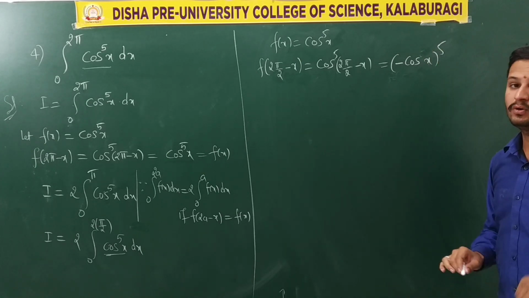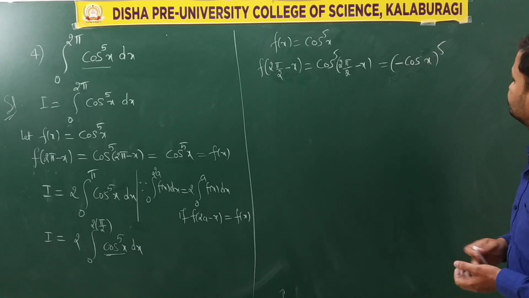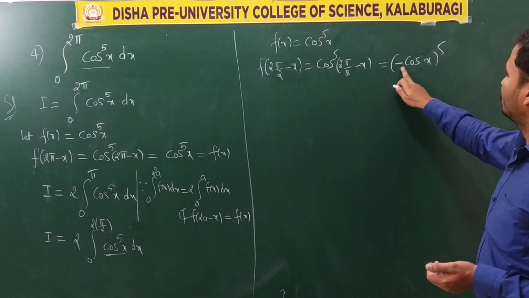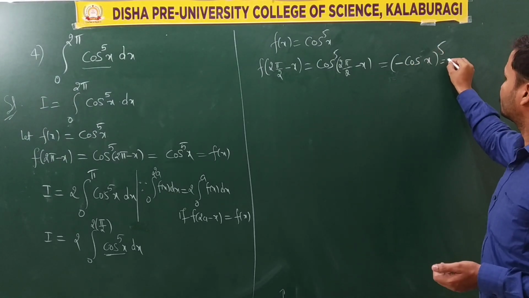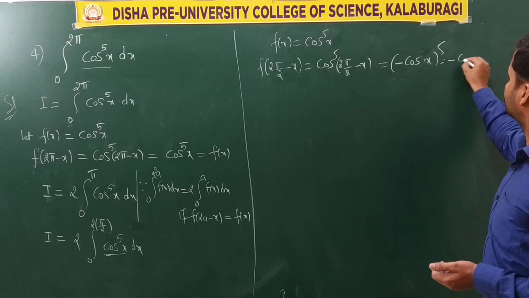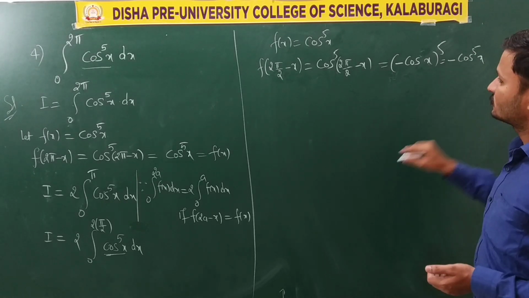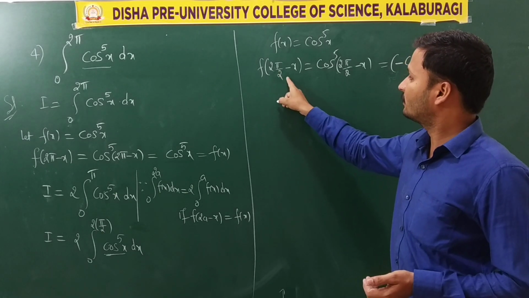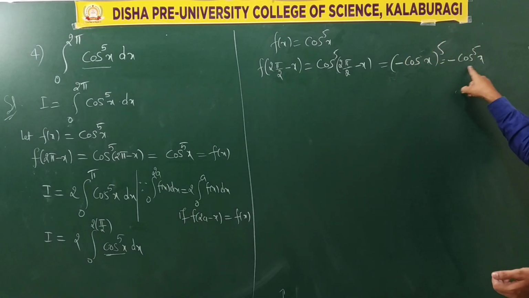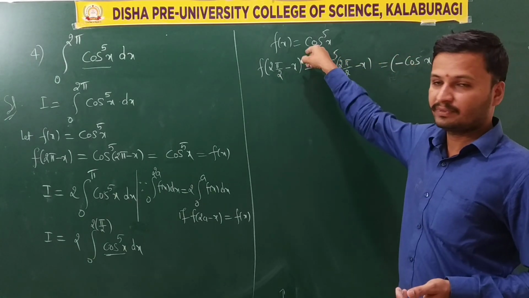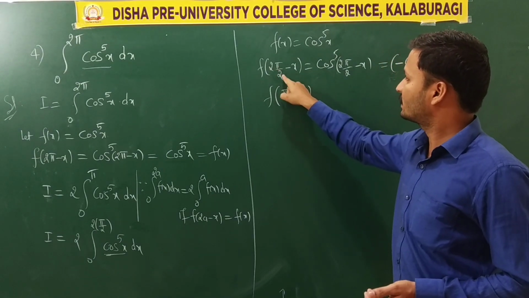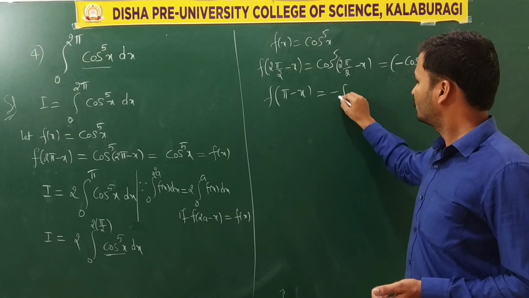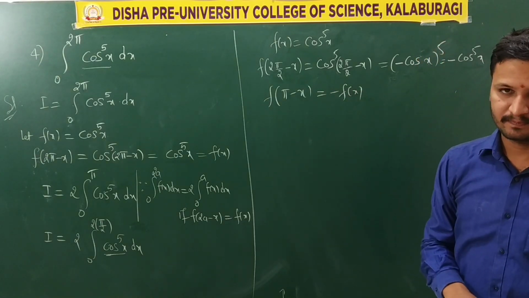So cos x, whole raised to 5. Okay, yes. Now minus cos x whole to the power 5, minus 1 to the power 5 is minus, so now cos raised to 5x. So f of 2a minus x is equal to minus f of x, correct? So here f of pi minus x is equal to minus f of x.